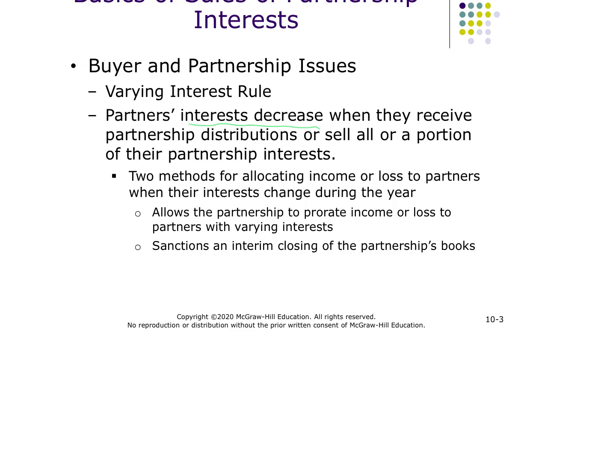Same thing as if you sell all or a portion of your partnership interest. And so there are two different methods for allocating the income or loss to partners when their interests change. You can prorate the income or loss to the partners with varying interests, or you can do an interim closing of the partnership books.